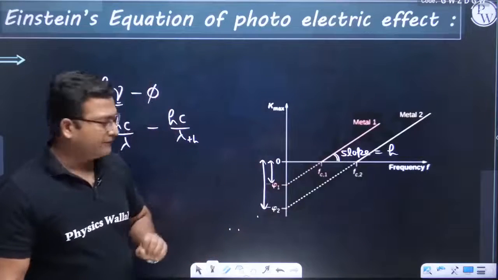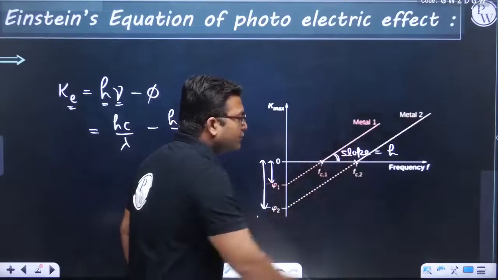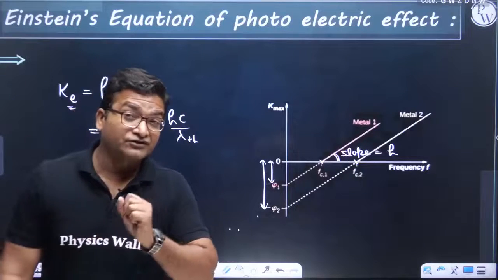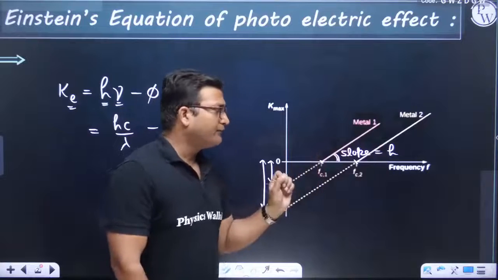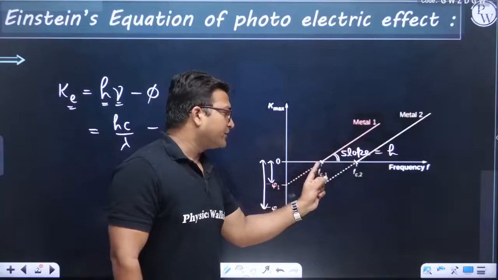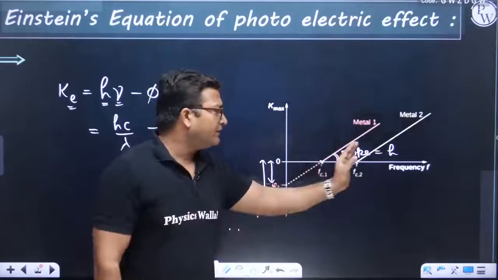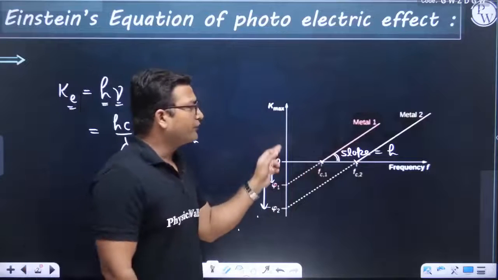Obviously, this represents the threshold frequency. This represents the critical frequency or threshold frequency. If frequency is more than the threshold frequency, say for metal 1 the threshold frequency is Fc1, and if frequency is more than this, you get photoelectrons, and we get kinetic energy of photoelectrons.